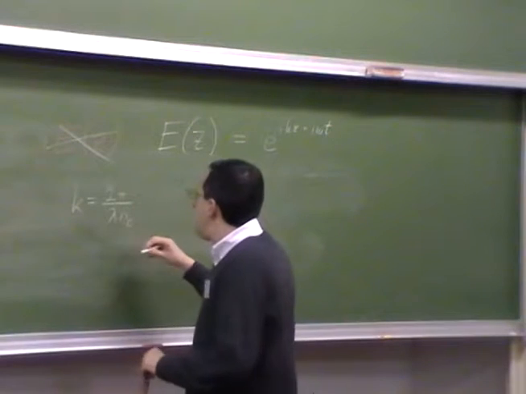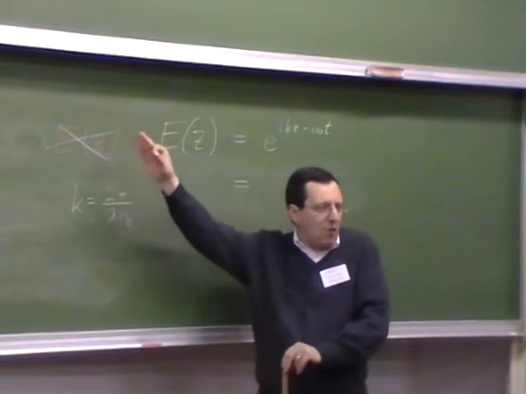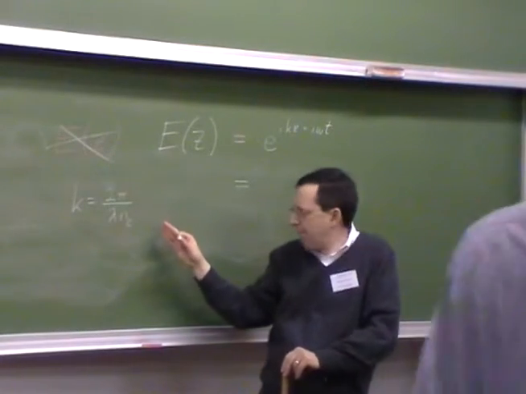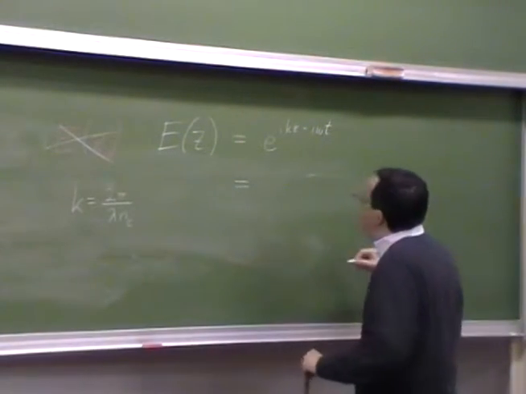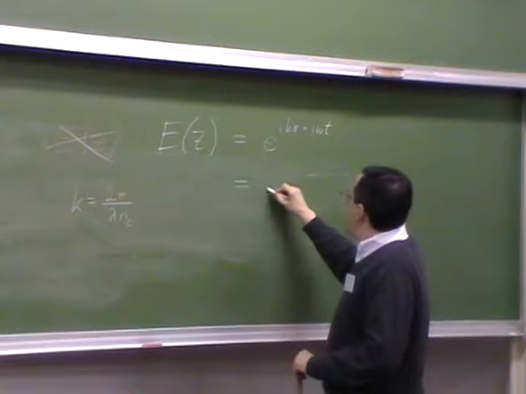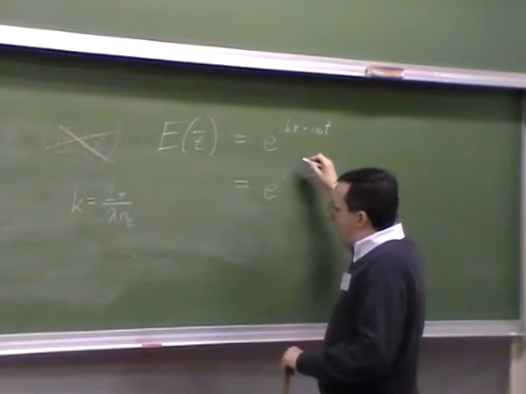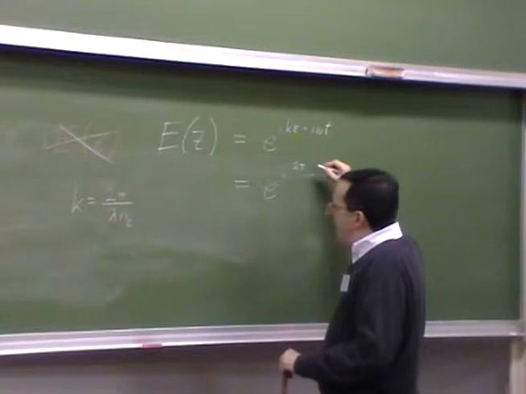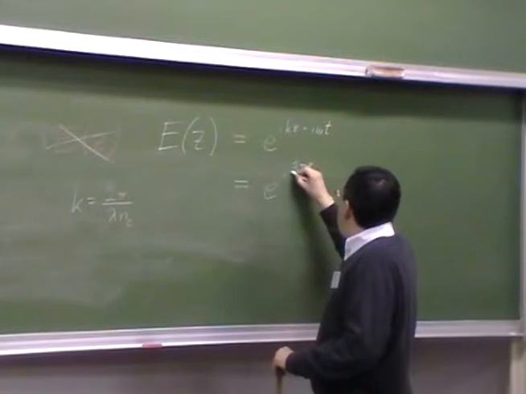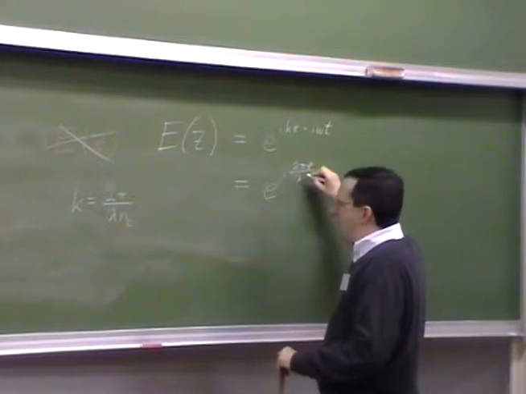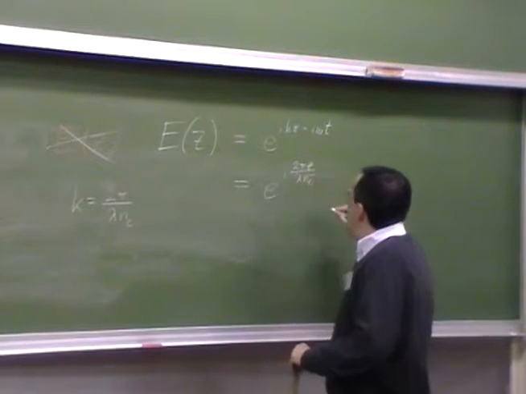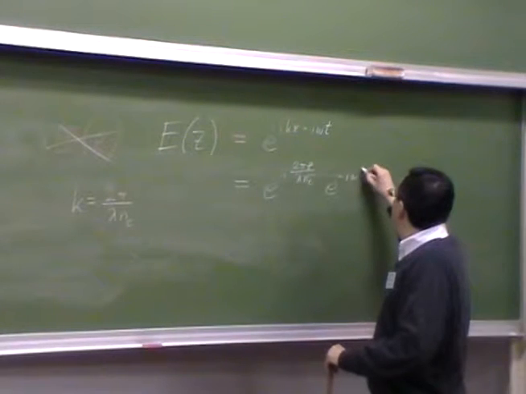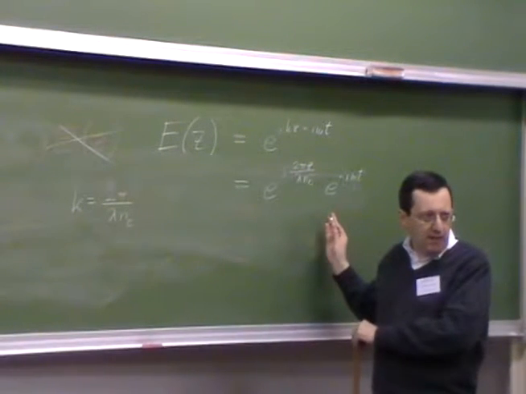For light polarized along the director in the x direction, that's e to the i times 2 pi n_e z over lambda, times e to the minus i omega t.